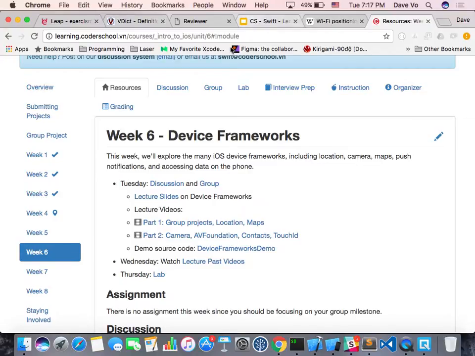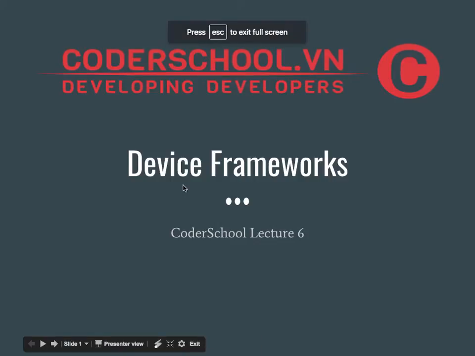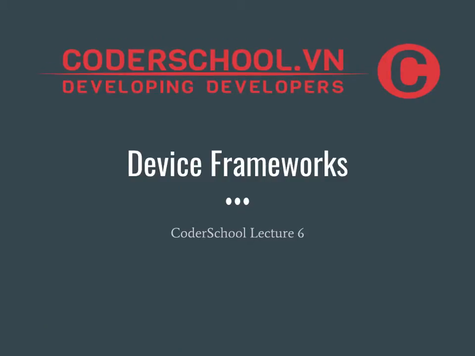And how can we use that? So that is actually a lot. We want to talk about the device framework, so we cannot cover everything. Today we just try to cover something that you use the most, like the map, the GPS, or the camera.